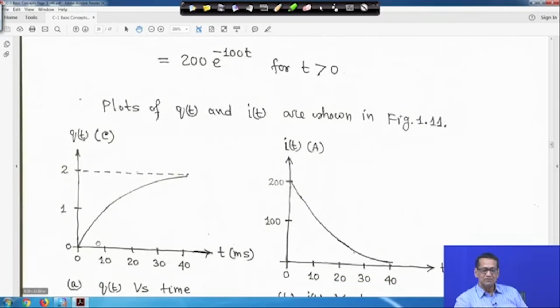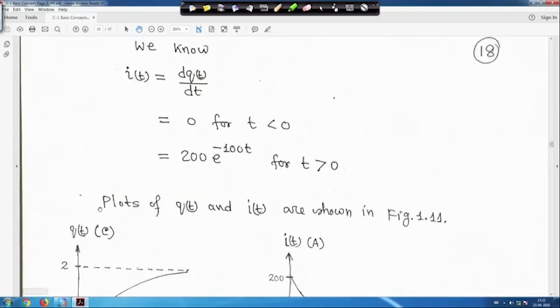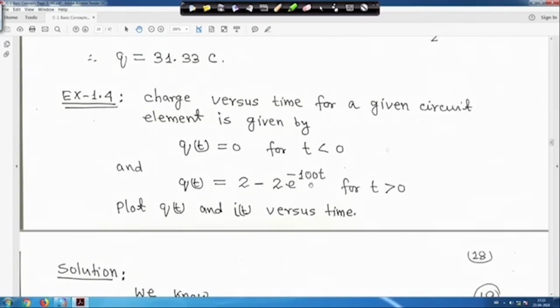This is the plot of q(t), which is already given. If in this expression you put t is equal to 0, then e to the power 0 is 1, so 2 minus 2 gives 0.